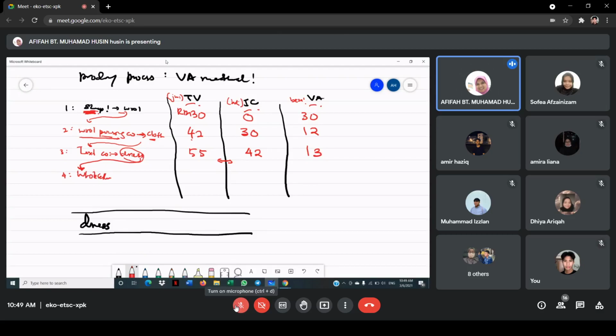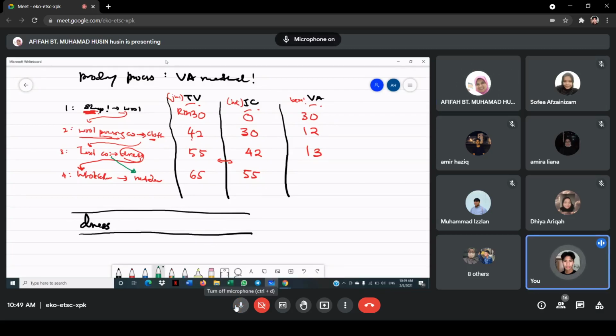Wholesaler. Okay. Wholesaler jual kepada retailer. Isn't it? Okay, so wholesaler dia beli dengan harga 55, dia jual kepada retailer 65. Apa cost wholesaler kepada retailer? Kenapa tak terus daripada textile company tu jadi dress kepada retailer terus? Okay, class. What's the difference between wholesaler dengan retailer? Beli banyak.